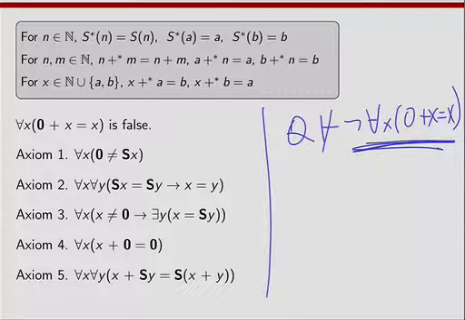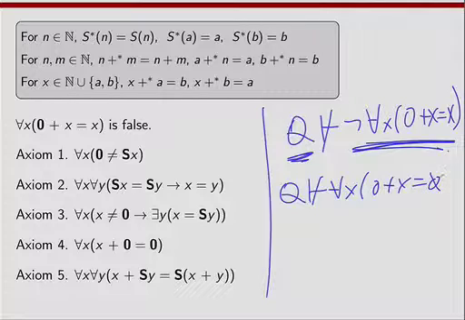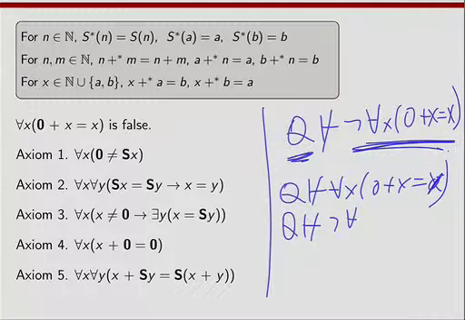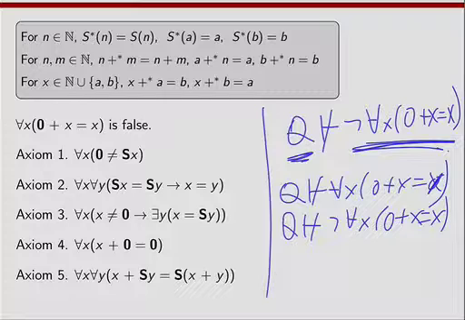The standard interpretation is a model of Q, so for the same reason, Q can't possibly derive the negation of that. So Q can't derive for all x, 0 plus x equals x, and Q also cannot derive the negation of this fact. And so because of that, we see that Q must not be negation complete.